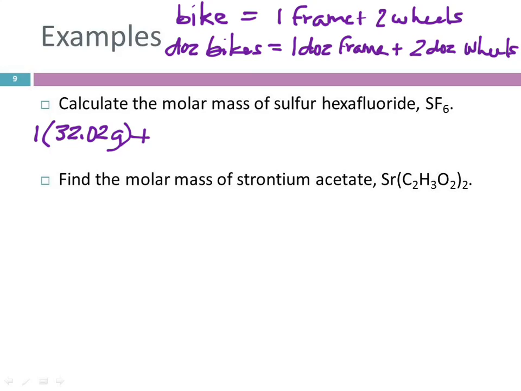And we have 6 moles of fluorine, and each mole weighs 18.99 stuff, or 19.00. So if we add these together, we will get the mass of 1 mole of the compound.